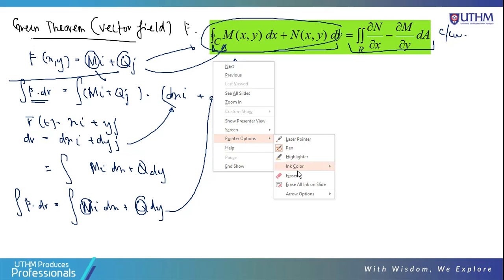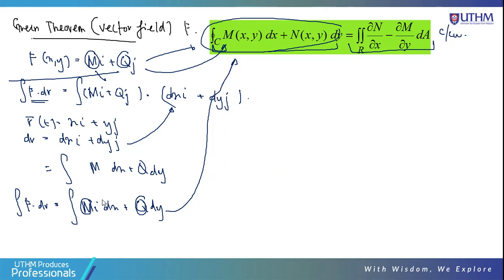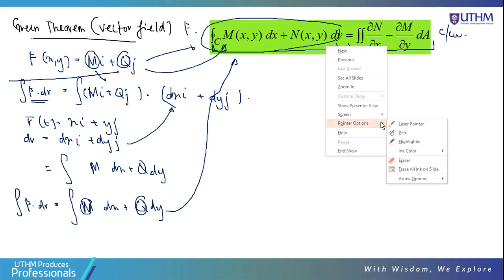Sorry, no more i. So this proves that for a vector field, this one you have solved, so you can get the line integral in this vector field into this scalar form. So when you find any question relating to the vector field, directly you can transform the vector field into the scalar form.